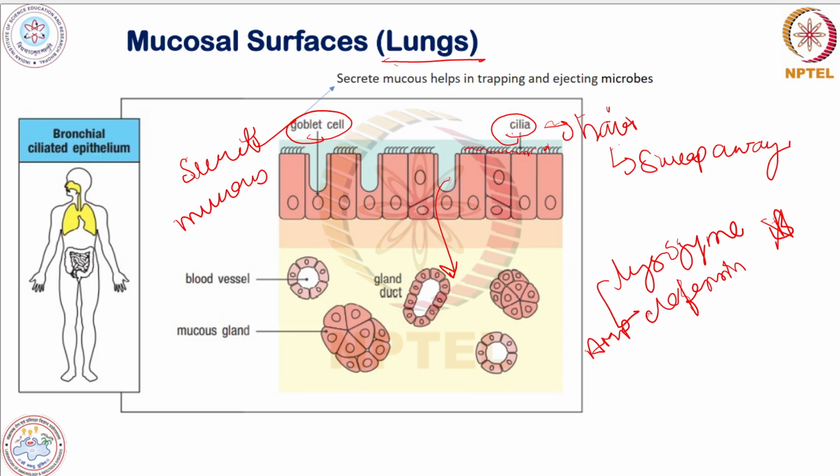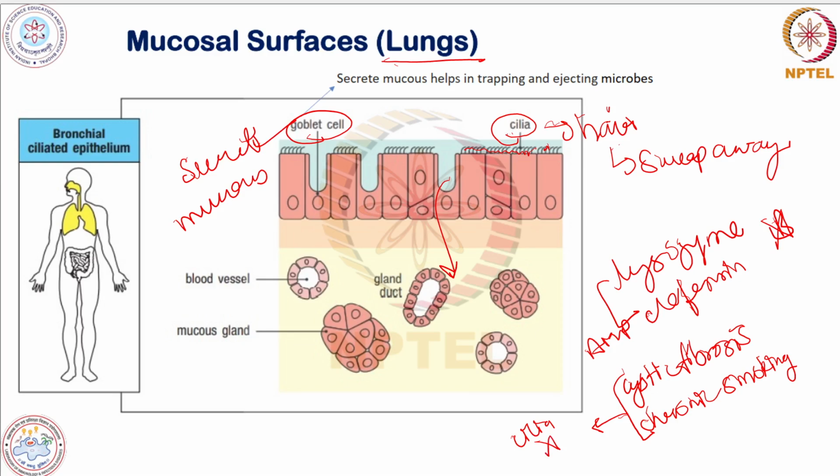In cases like cystic fibrosis, which you might have heard about, and chronic smoking, the cilia is damaged, so the mucus cannot clear the pathogens. The cilia is damaged, so mucus will not be pushed outside.